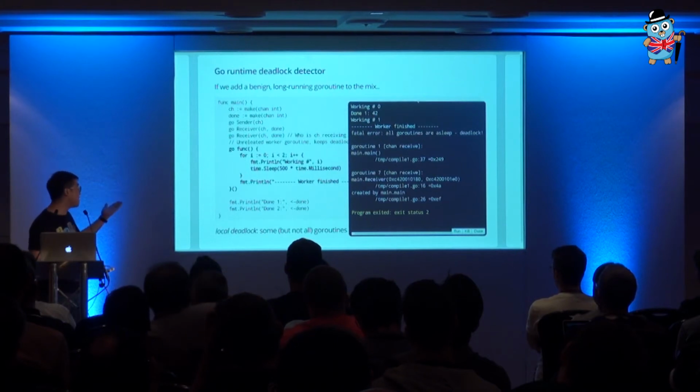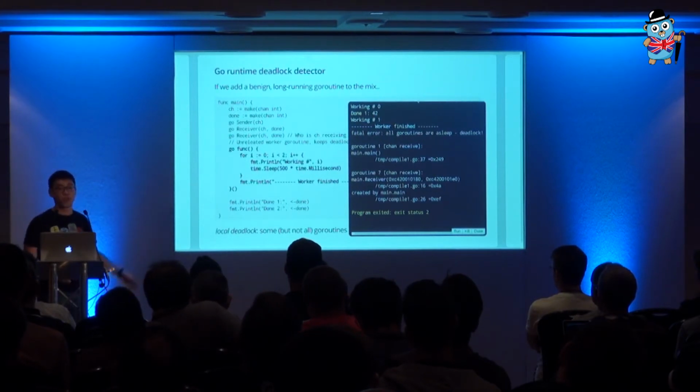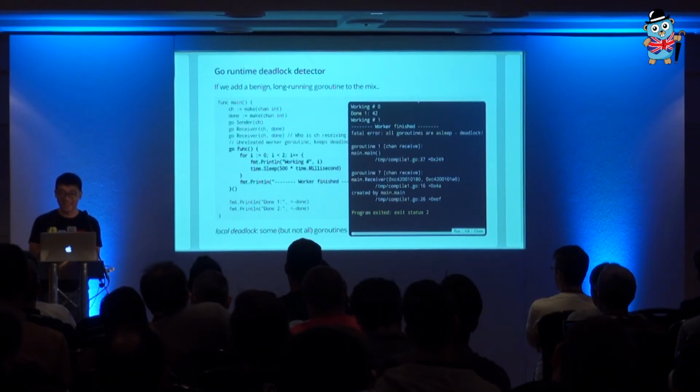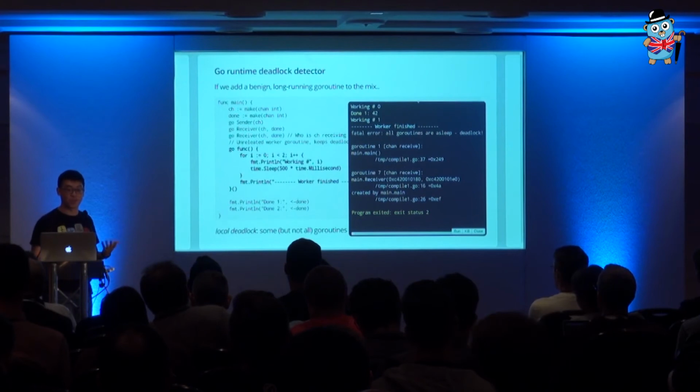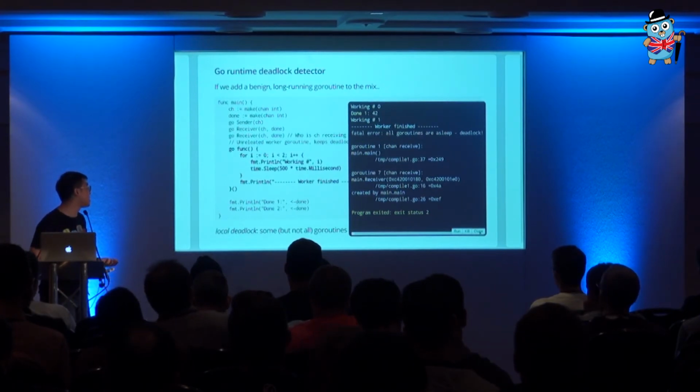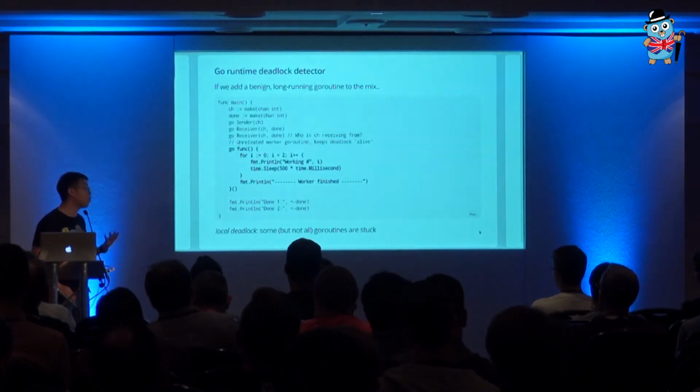And imagine if you have this other worker goroutine which is taking 10 days to run before it finishes. You don't want to run your program in production for 10 days and then suddenly, whoa, deadlock, and the whole web service crashes, right?